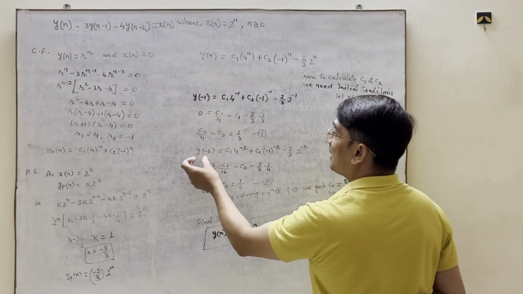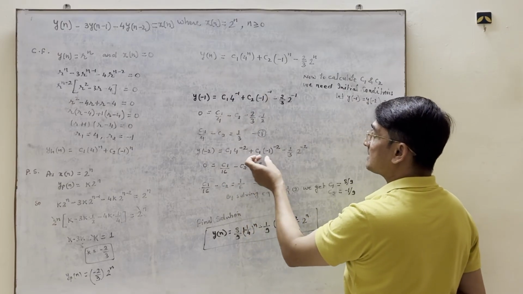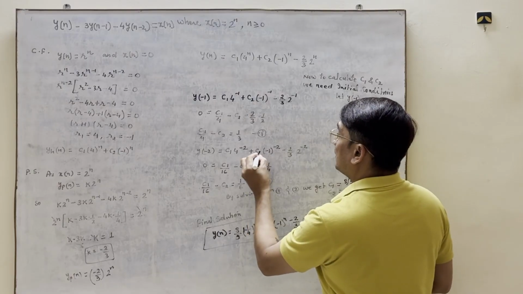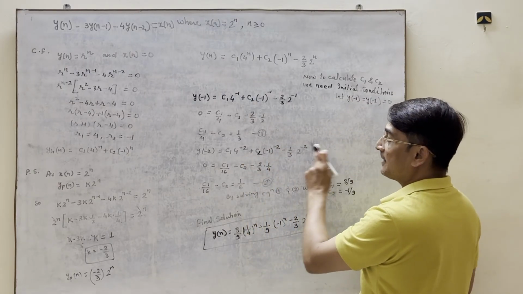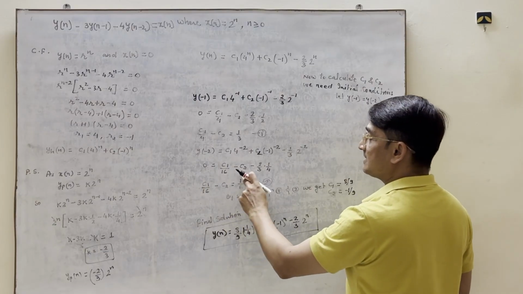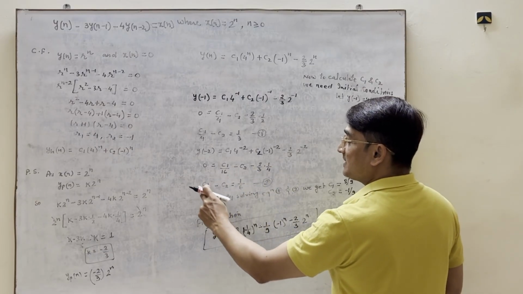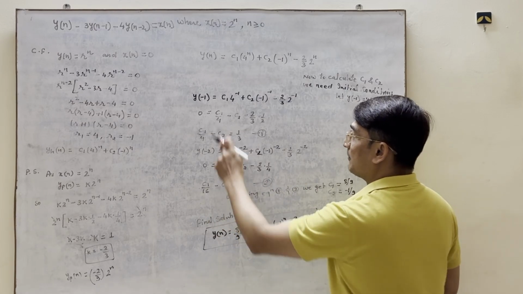So y[-2] = c1 4^(-2) + c2 (-1)^(-2) - 2/3 2^(-2). So 0 = c1/16 - c2 - 2/3 into 1/4, which gives c1/16 - c2 = 1/6. This will be equation number 2.